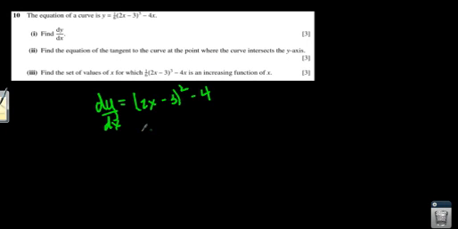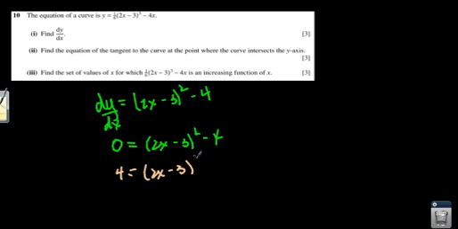So I'm going to find the stationary points by setting the derivative equal to 0, and now I'm just going to solve. I end up with 4 equals the quantity 2x minus 3 raised to the power of 2. At this point, I'm going to square root both sides, and as a reminder, I don't know if it's 2 times 2 to make 4 or negative 2 times negative 2 to make 4, so I'm accounting for both.